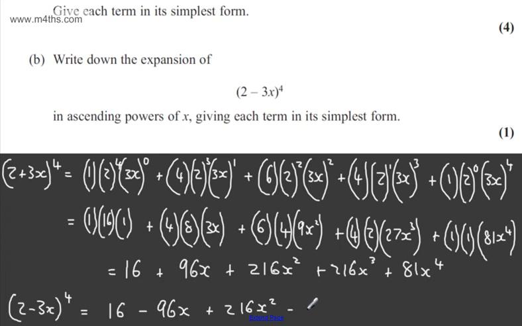The cubed term will be minus, so we have minus 216x cubed, and then the fourth power will be positive. So we end up now with 16 minus 96x plus 216x squared minus 216x cubed plus 81x to the fourth.